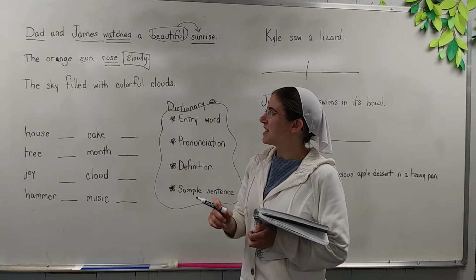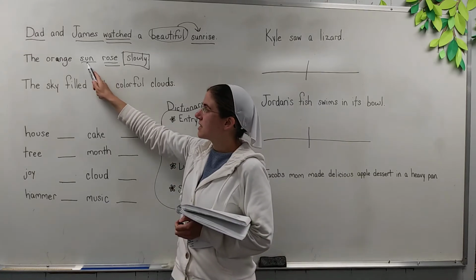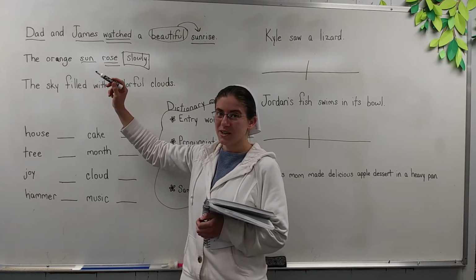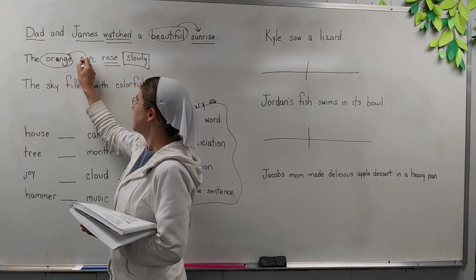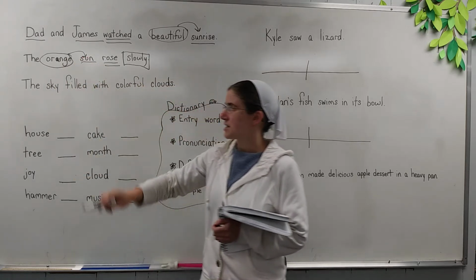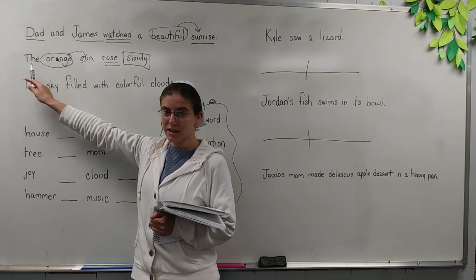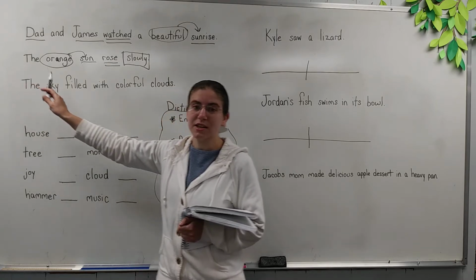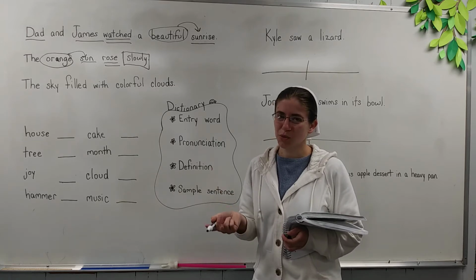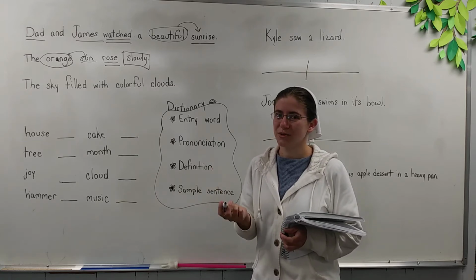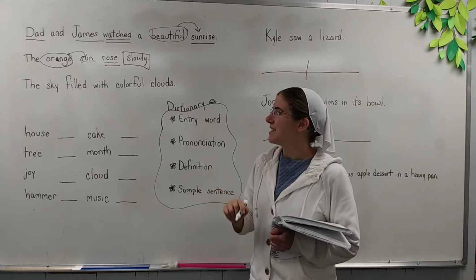Okay, and any adjectives in the sentence to describe sun? What kind of sun? We have orange sun. And sometimes, I think some of you also are considering a and the as adjectives, and they are adjectives. But usually at this point in your work, you don't have to circle those as adjectives, okay?